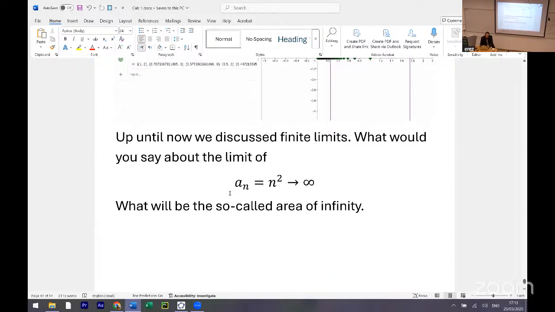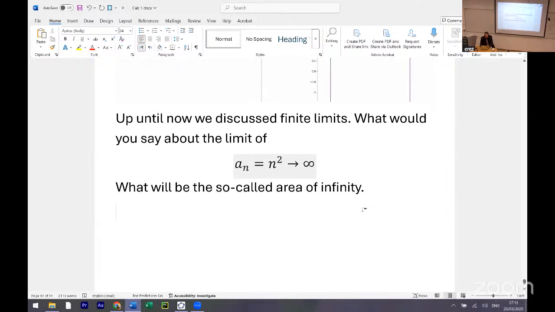Before I tell you the answer, I wish you to start to think about it for yourself. Why would you say n squared tends to infinity? If you wish to convince a layman that n squared tends to infinity, what would you tell them?